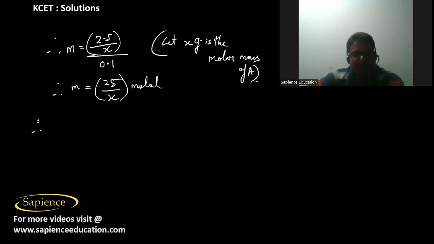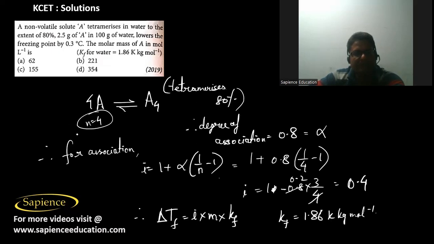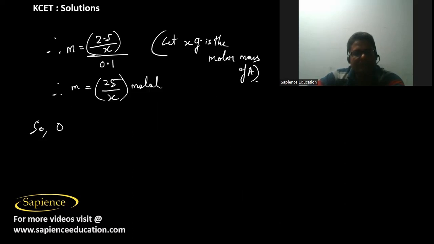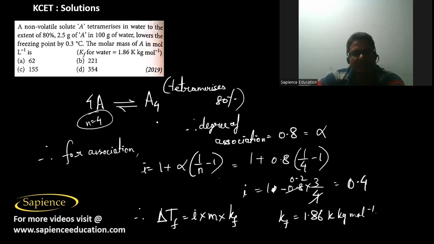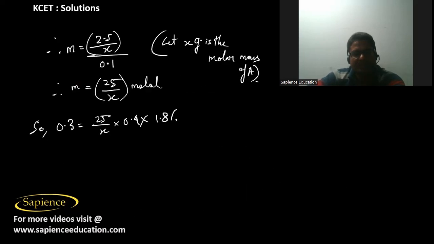So delta Tf, the depression in freezing point, is 0.3 degrees Celsius. So 0.3 equals 25 by x into i, that is 0.4, into Kf, that is 1.86. So this will be equal to 0.3 into 25 by 4 is 100. So 10 into 1.86, so 18.6 divided by x.